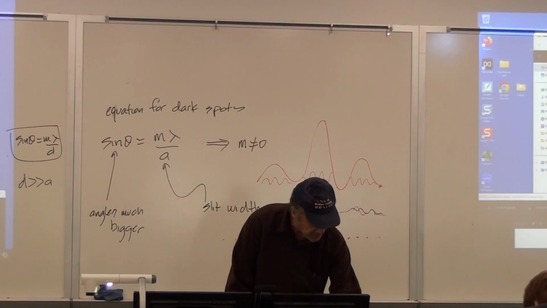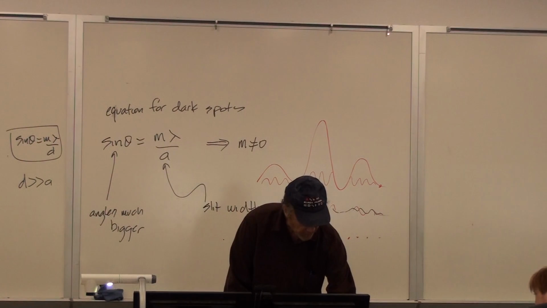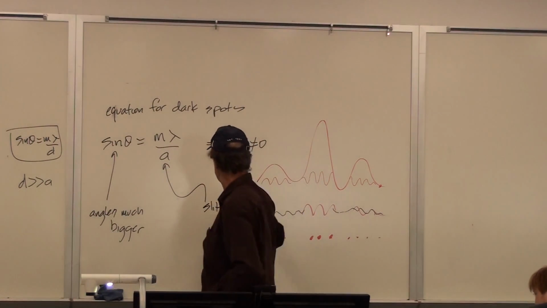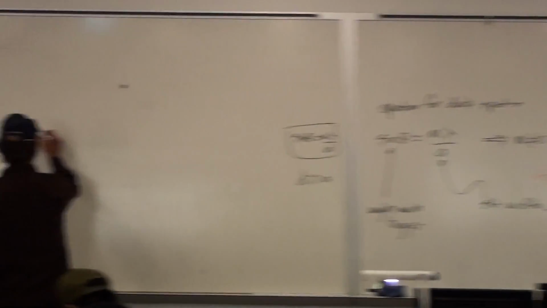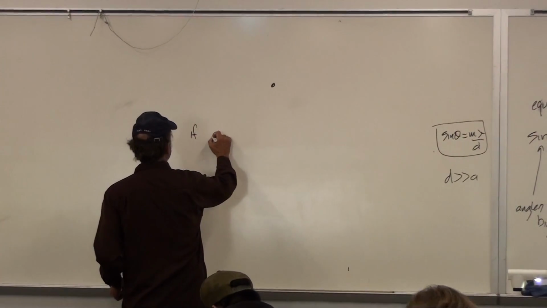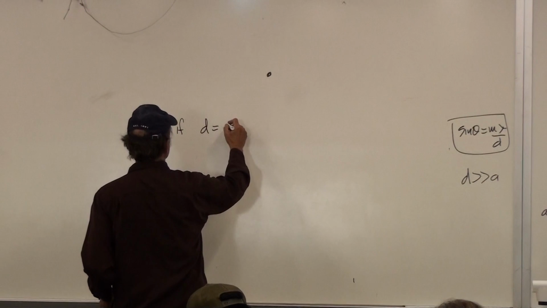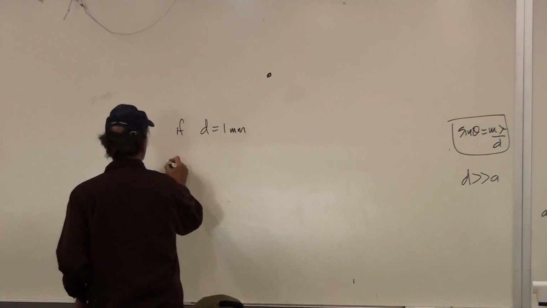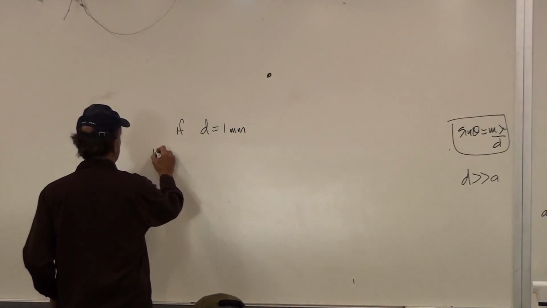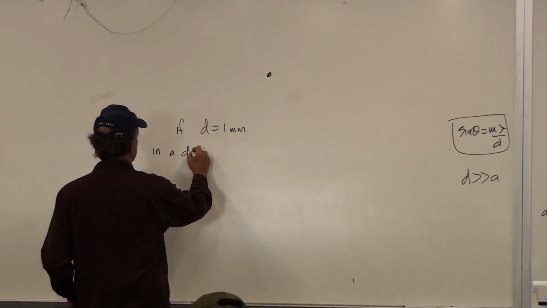All right, let's next take a look at a problem where we've got both patterns together. Let's say d equals 1 millimeter in a double slit grating.